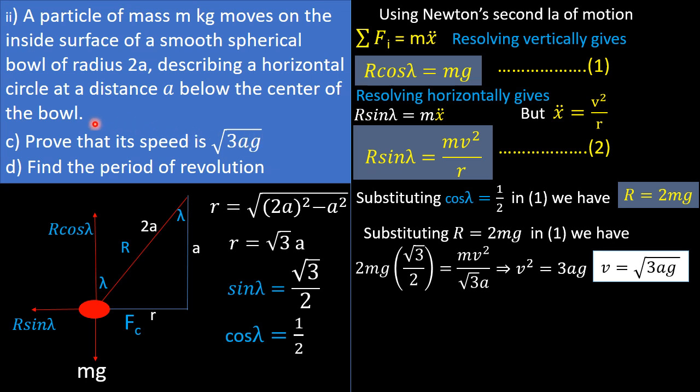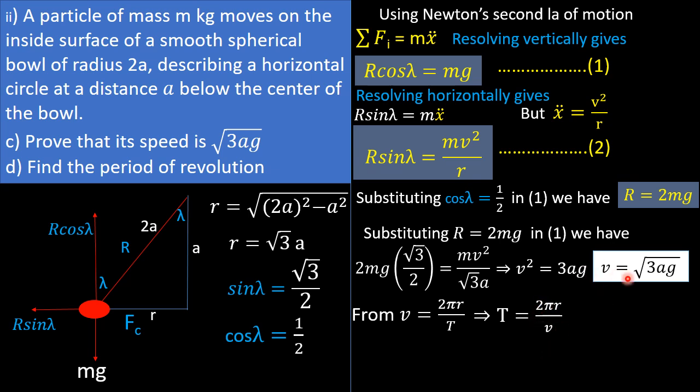Then friends, the d part is saying that we should find the period of revolution. But friends, let's not forget that v equals 2 pi r over t, where v is the speed we have, r is the radius, and t is the period, which is what we are to solve. So friends, if we make period the subject, we are going to have t equal to 2 pi r over v.